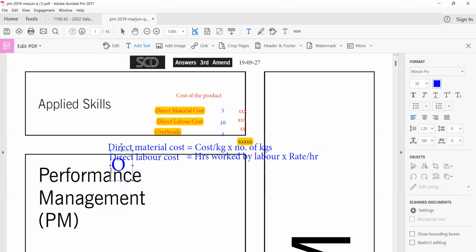Now in overhead, we estimate or calculate overhead using either absorption costing or activity-based costing. Do not worry, I will do the sums so that at least you become familiar.